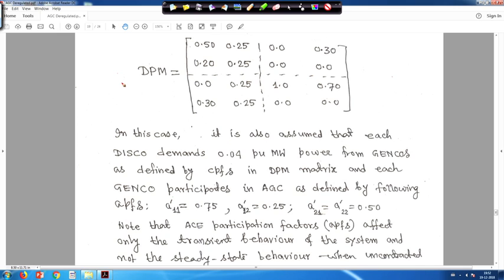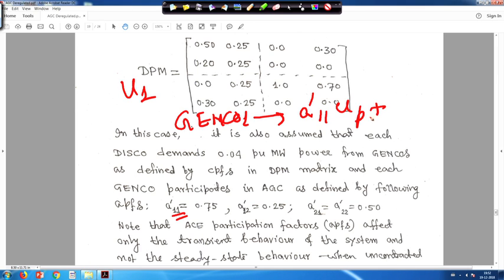For area 1, the output of the control is U1. So the input going to GENCO 1 will be A dash 11 into U1, that is 0.75 U1.